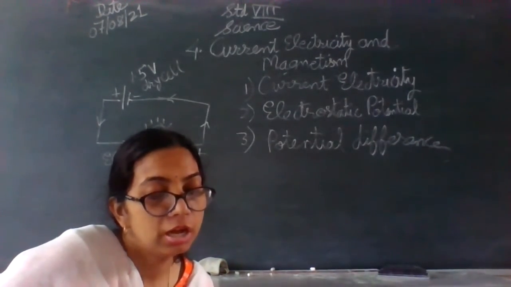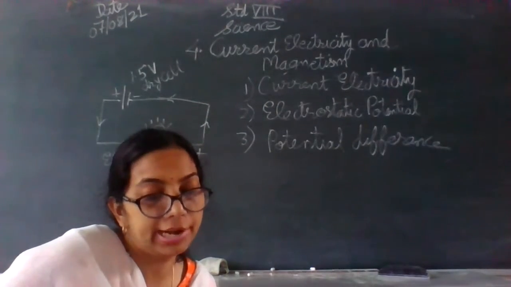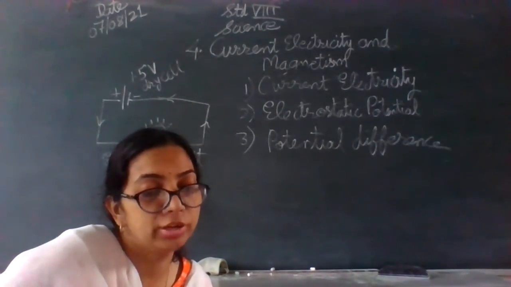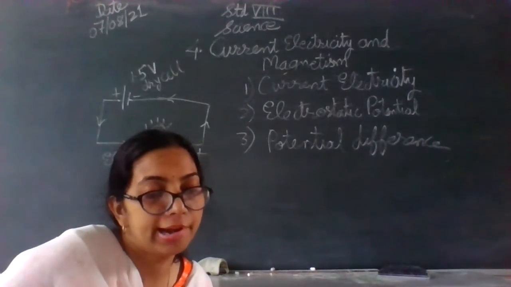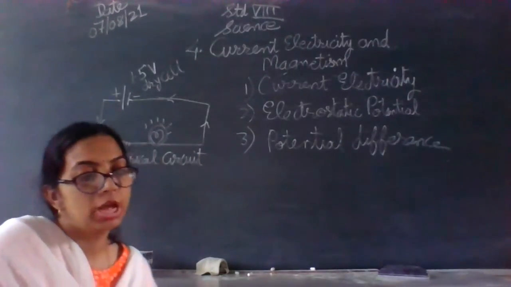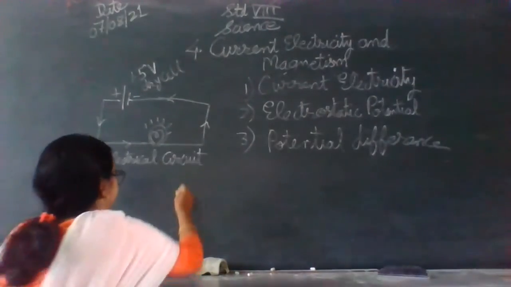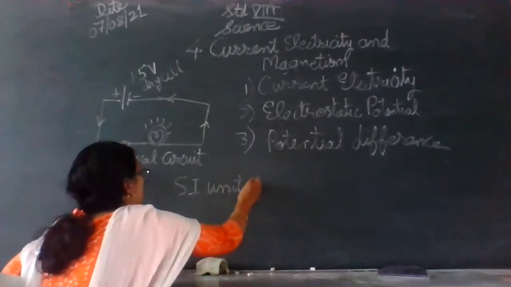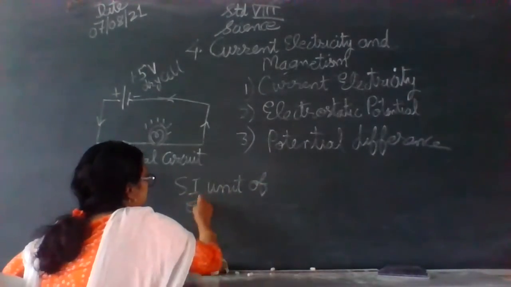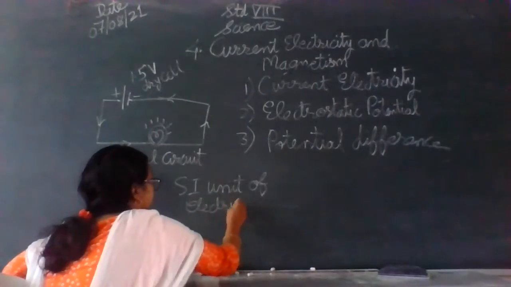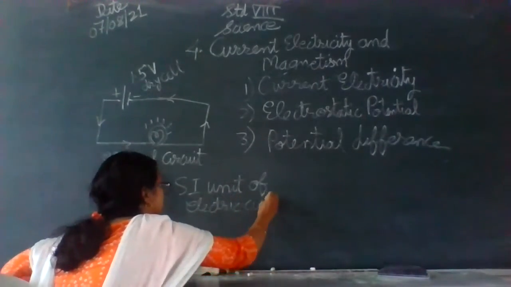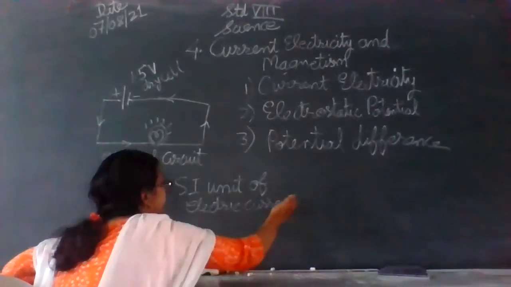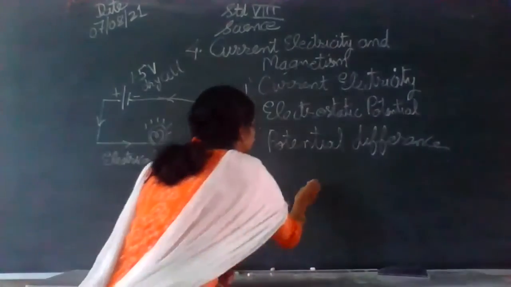That is the unit current that we can calculate. And the SI unit of electric current is coulomb.